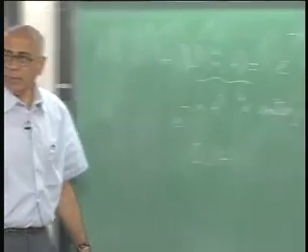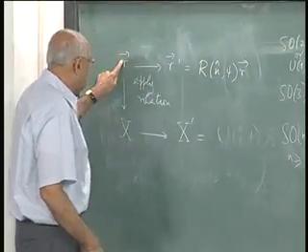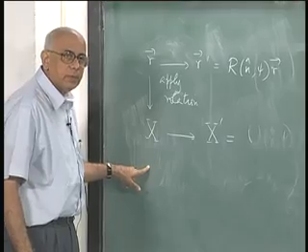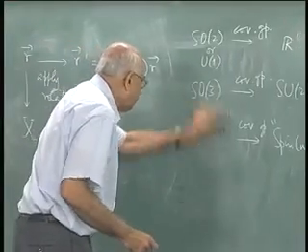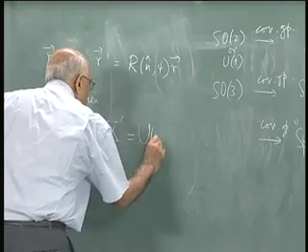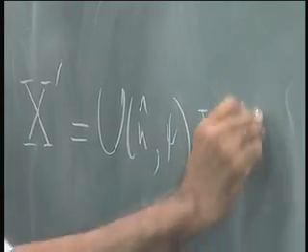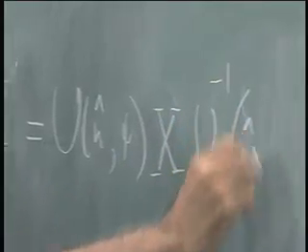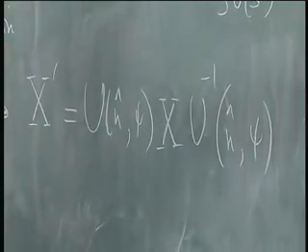There is a systematic way to do this, and that is the following: represent the point r by this matrix X, apply this rotation, so apply u of n psi on X, u inverse of n psi, where u is equal to that.